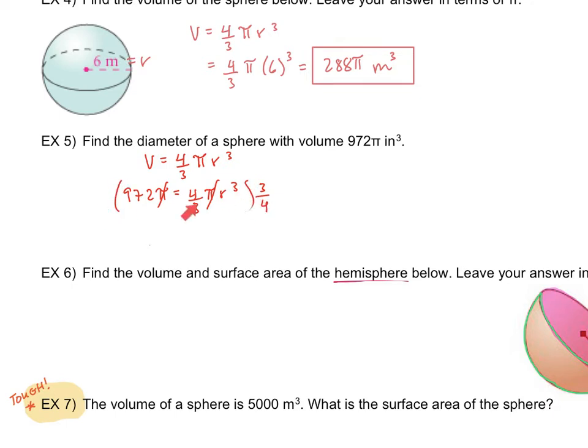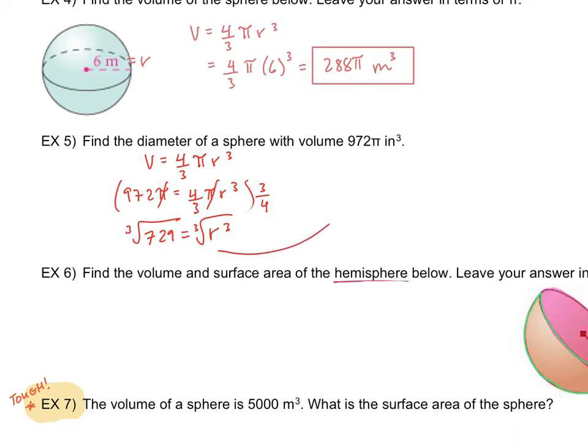So that's why I put these parentheses around right here. So what happens? What do we get? We actually get 729 equals r cubed. And in order to get r by itself, we take the cube root of both sides.